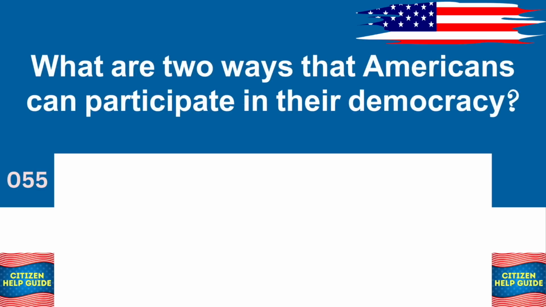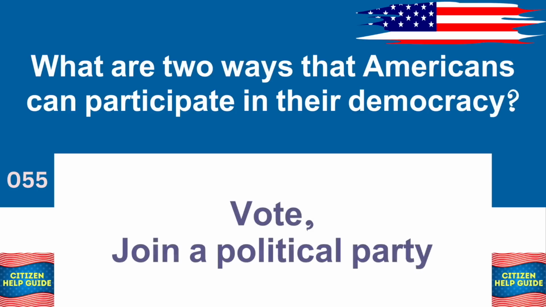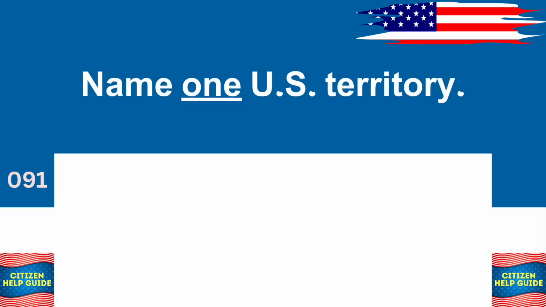What are two ways that Americans can participate in their democracy? Vote. Join a political party. Name one U.S. territory.